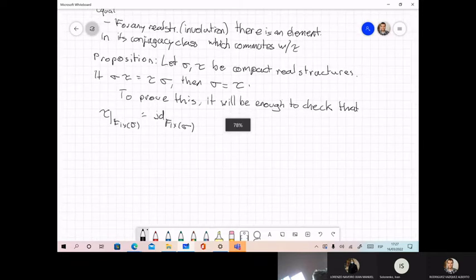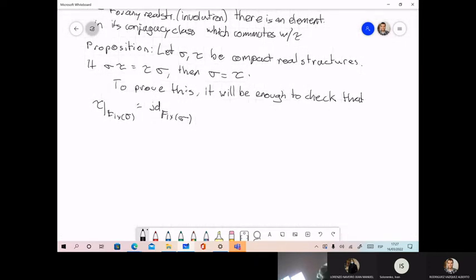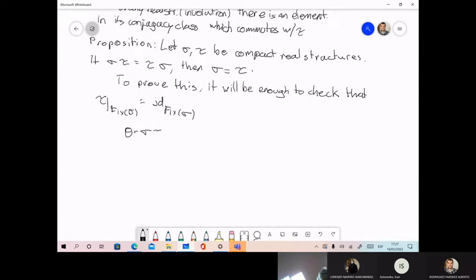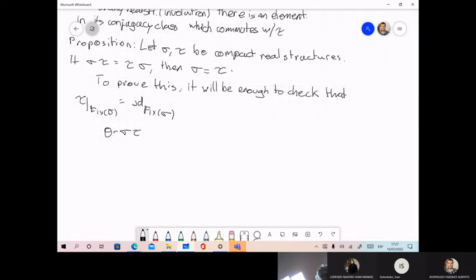So how do we do that? So we know that if we construct this involution sigma tau, which is an involution because sigma and tau commute and they are both real structures, then we will show that this, when restricted to the fixed points of sigma, is the identity on the fixed points of sigma, right?